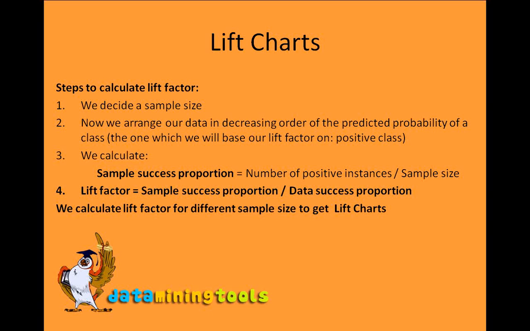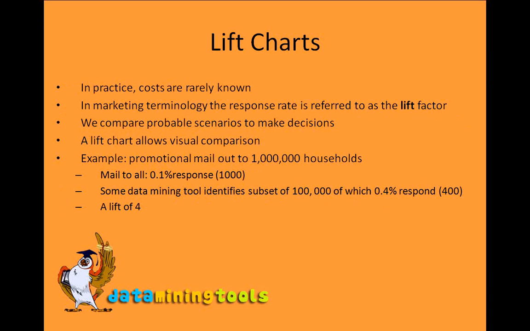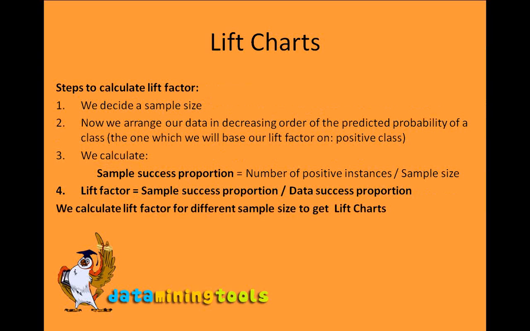For example, in the previous case, say we represent yes for an instance which sends us a reply, and no for an instance which does not send us a reply. So in that case, we'll arrange our data based on the yes probability.